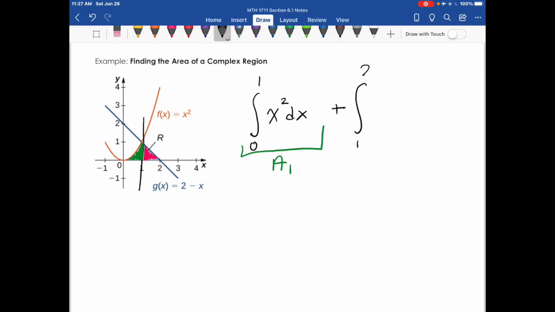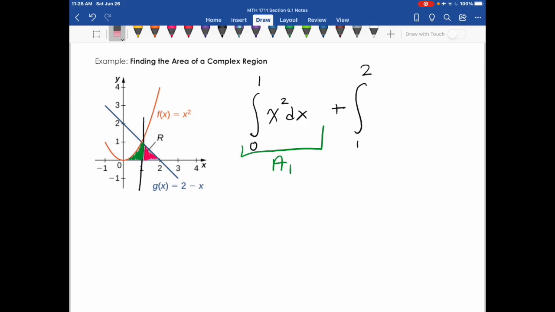Then I want to add the second area, which would give me the pink area, and that's going from 1 to 2. And that is actually the same situation, but with the function 2 minus x. I'm not finding the area between the two curves, x squared and 2 minus x.